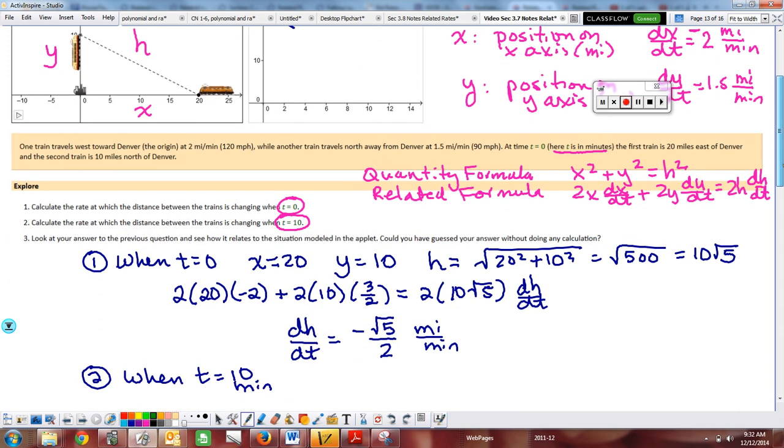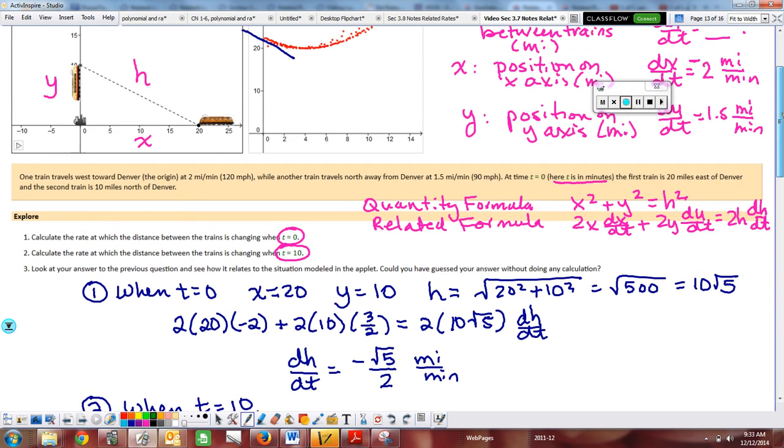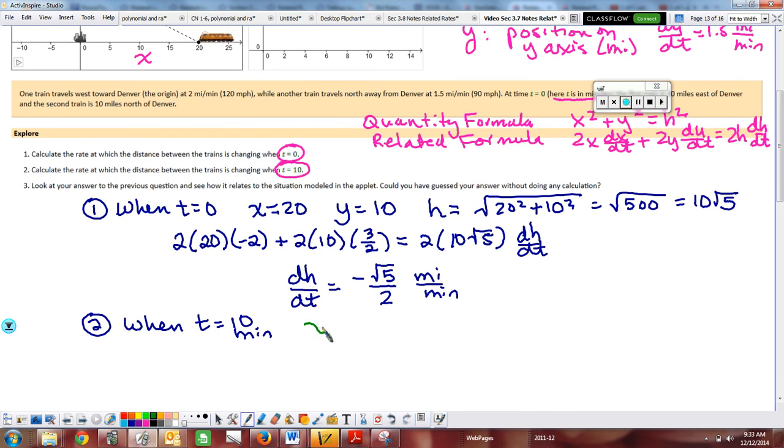And so what happens if I'm basically moving 2 miles per minute? How far have I moved in 10 minutes? In 10 minutes, we have gone 20 miles back in that direction, so our position is actually x equal to 0, because I've moved 20 miles back, and I'm actually at Denver. Okay?